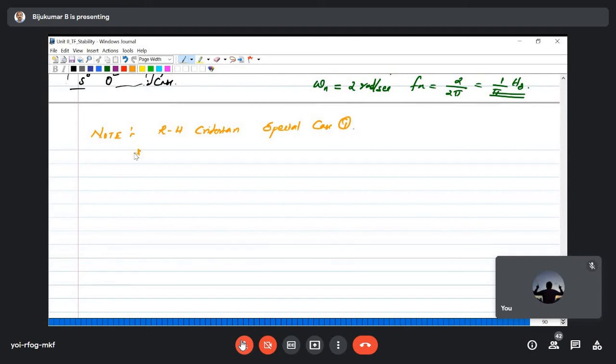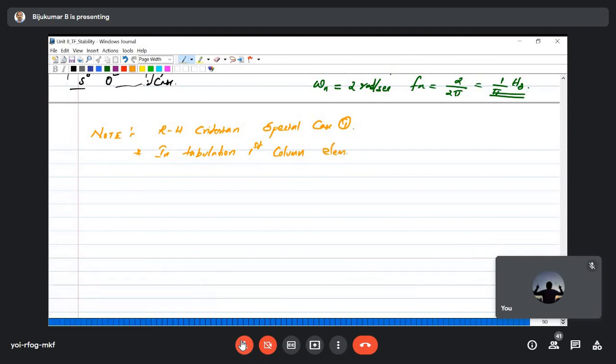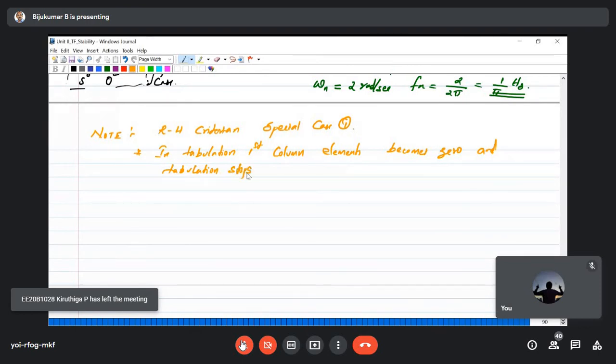In the tabulation, the first column element becomes 0 and the tabulation stops. What will you do? Because when 0 comes, again the remaining elements will be 0.